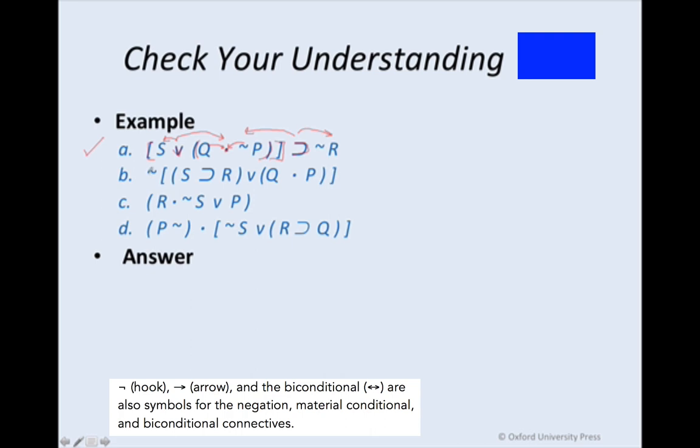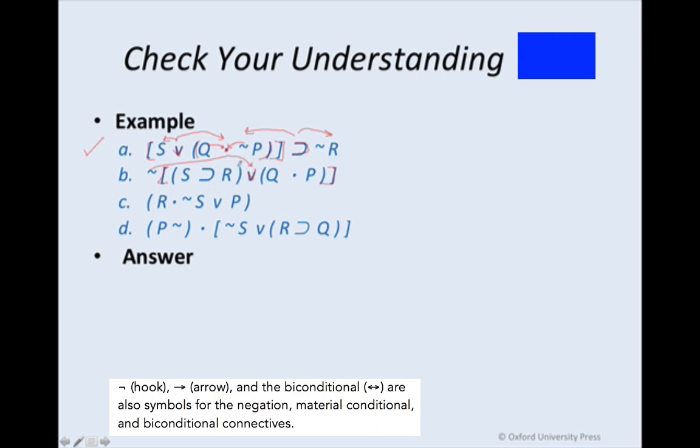Second one, we have a negation in front of a compound sentence that is bracketed. So it's not this entire sentence. Now let's look within the brackets. We have a disjunction. So we're saying it's not either of these two sentences.